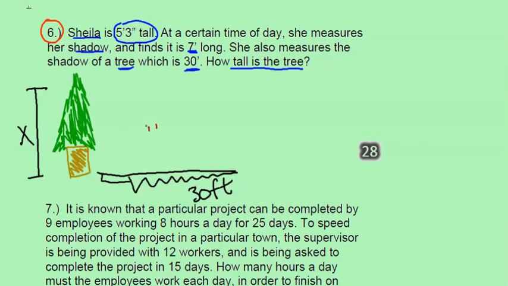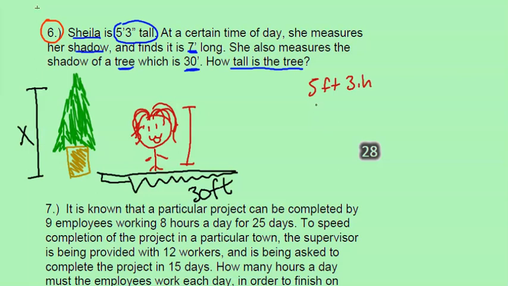And then we have Sheila, who is 5'3". And that's the same thing as 5 feet and 3/12 feet. 3/12 is the same thing as 1/4, so we'll say that's 5.25 feet. And then her shadow was 7 feet.